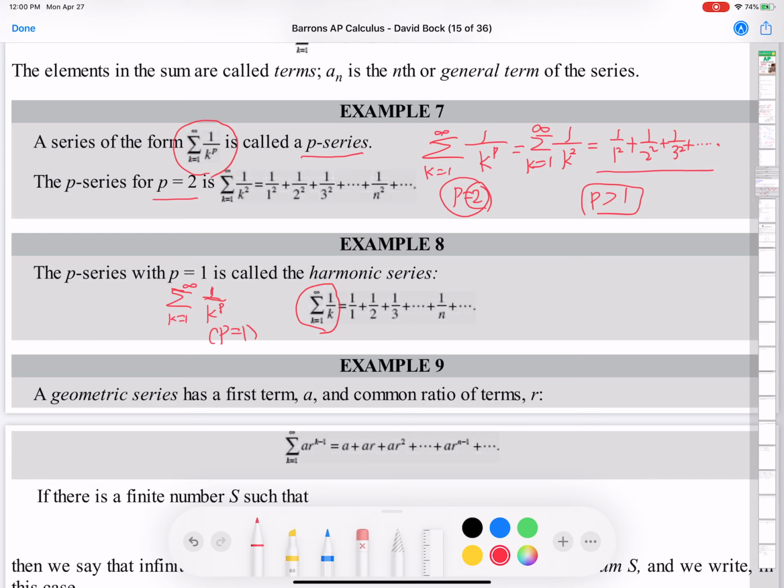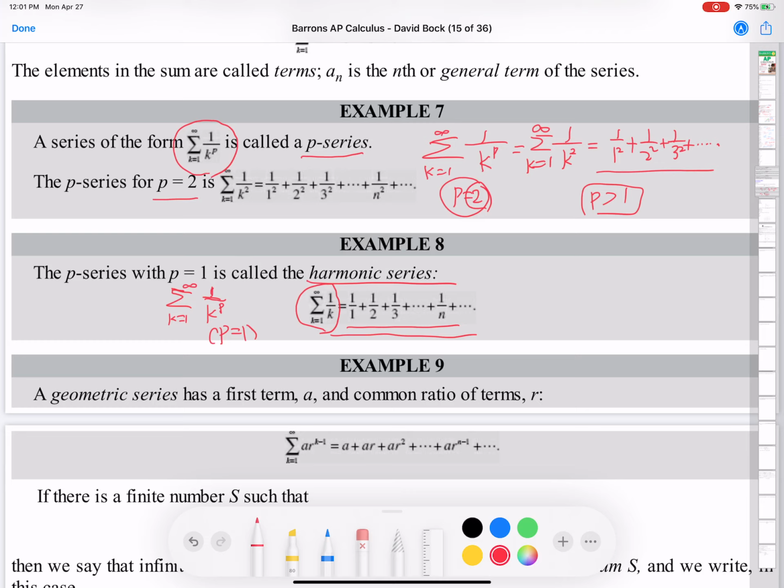The harmonic series is this form: if k is 1, 1 over 1, plus, if k is 2, 1 over 2, plus, if k is 3, 1 over 3. This form is exactly the harmonic series. What do harmonic sequences mean? Take the reciprocal of each term, and you get an arithmetic sequence. We call that original sequence a harmonic sequence, and the sum of all those terms is the harmonic series. Think about the reciprocal of each term. The reciprocal of 1 over 1 is 1, the reciprocal of 1/2 is 2, the reciprocal of 1/3 is 3.